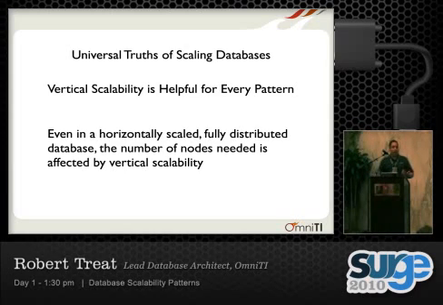So being able to scale those up is always good. If you find yourself in an issue where you've got to rebalance trees on the data storage side, being able to say, if I just put more RAM in that machine, it'll give me enough extra power to go ahead and rebalance the trees, that's handy, right? So vertical scalability is always helpful no matter which pattern you're trying to use.